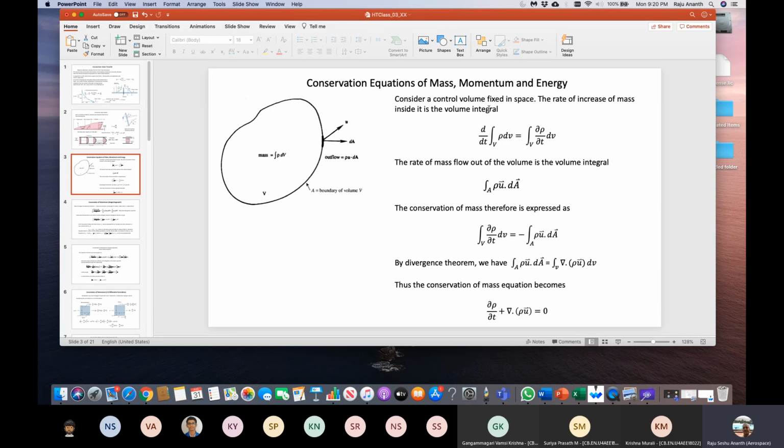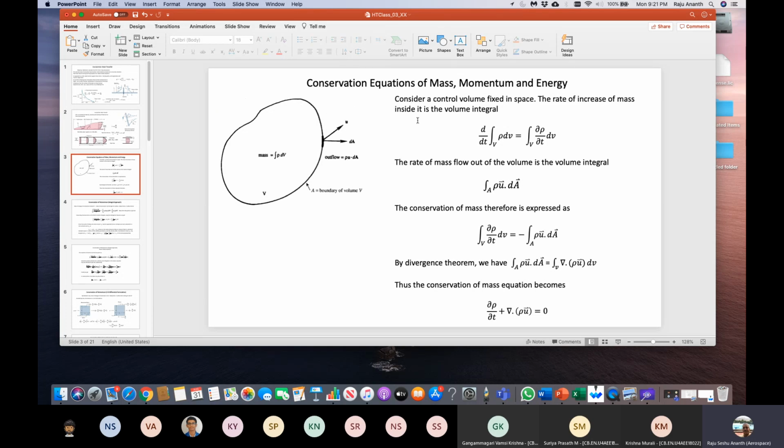So let's say this control volume. What is the conservation of mass? The rate of change of mass inside this control volume, if it is increasing, is equal to the mass coming in through the surface, which is equal to the negative of the mass going outside, because the convention is that velocity will be positive outwardly.